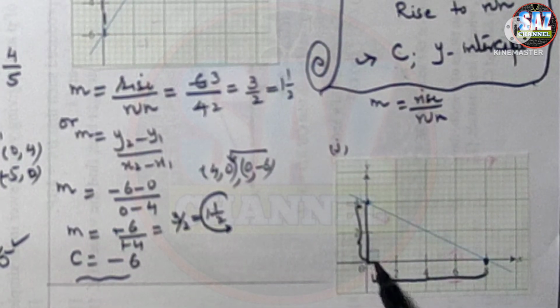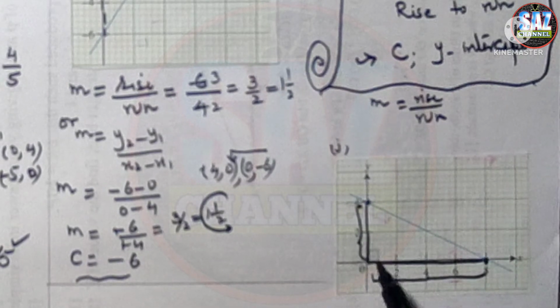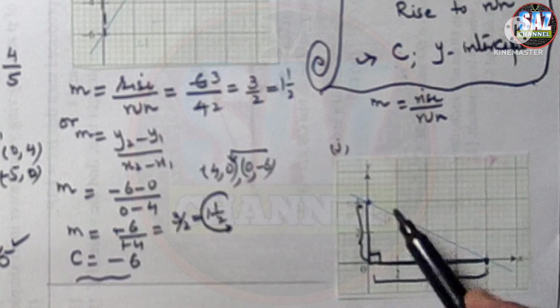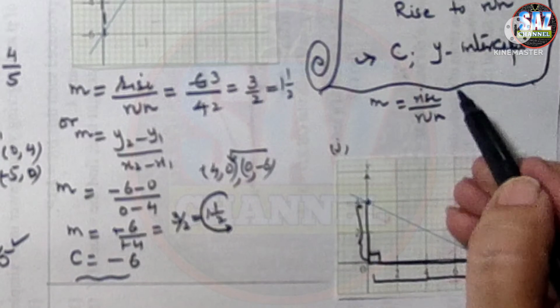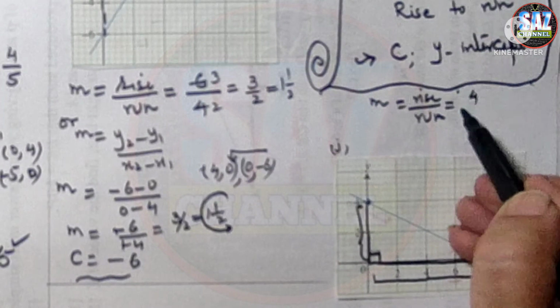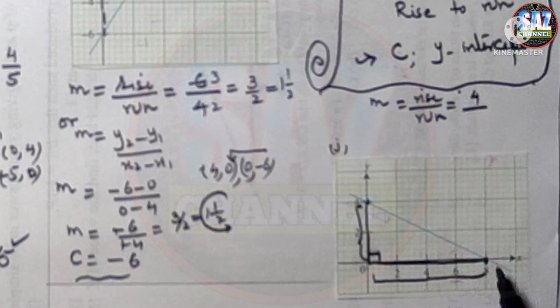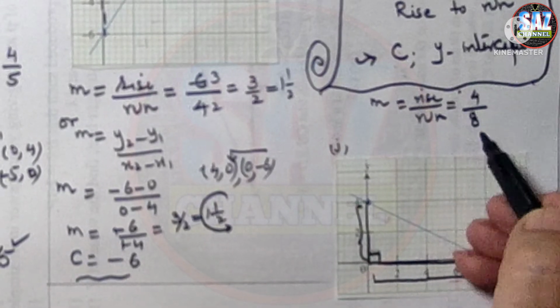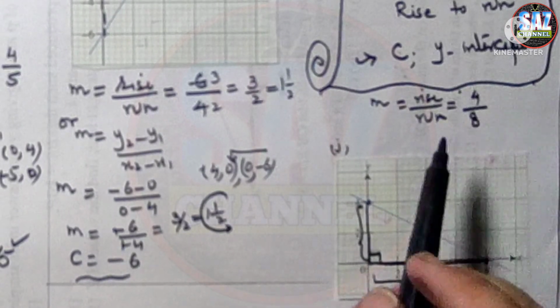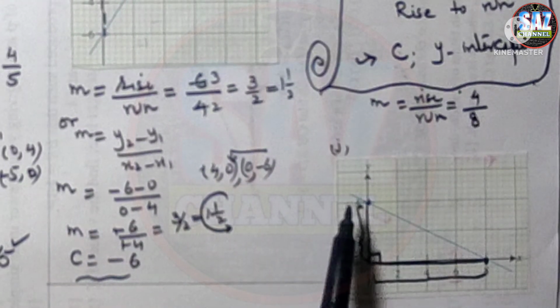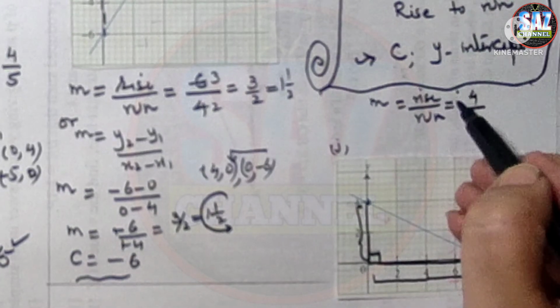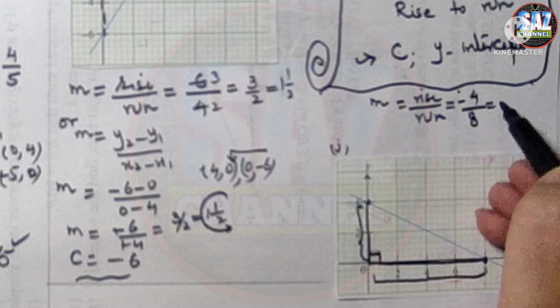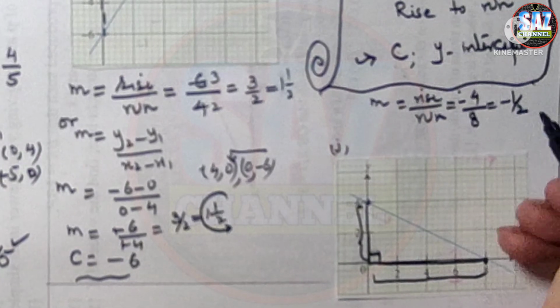Okay, try to complete the triangle graphically. Okay, and rise is of how many units? 4 units, and run 2, 4, 6 and 8, and the line is having a falling trend. The line is in the second and fourth quadrant, so the gradient will be negative. Gradient is minus 1 by 2.